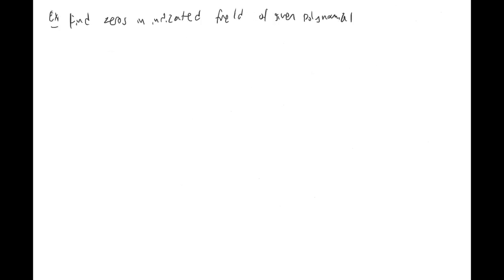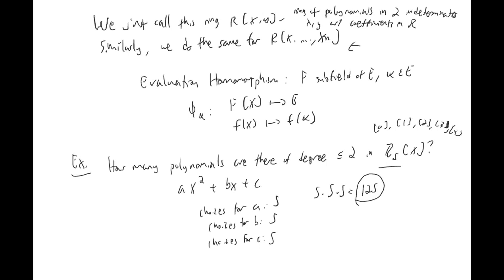Given a polynomial with coefficients in that field. If it really bothers you, you can just write it out. I'm not going to write out all 125, but you could say let's set a to be 0, then I have choices here: 0, 0, 0, for a, b, c, and then 0, 0, 1, 0, 0, 2, and so on.